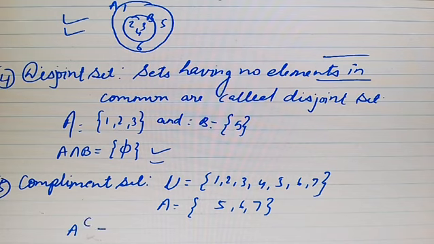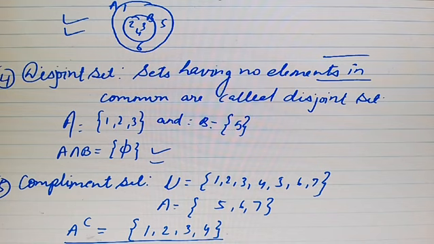It will be written as A complement, and only those elements will belong here which don't belong to A and are left in U. 1, 2, 3, 4. So this is A complement, the complement of a set.